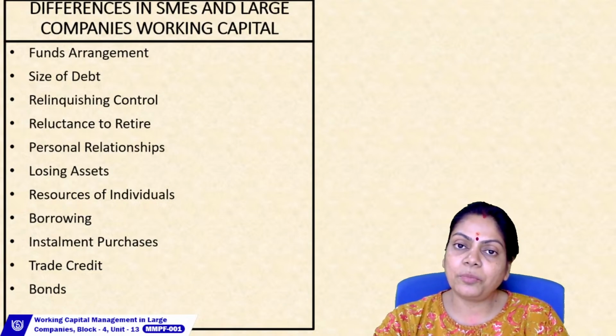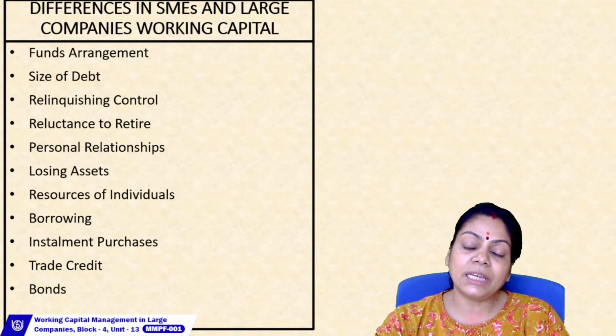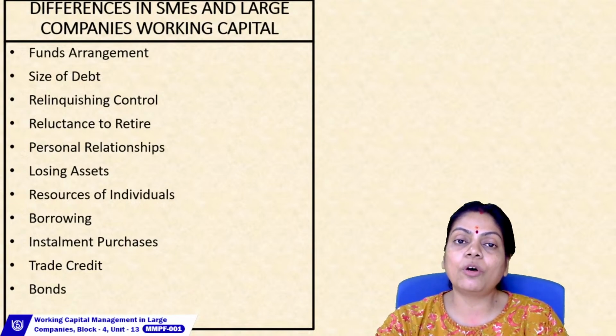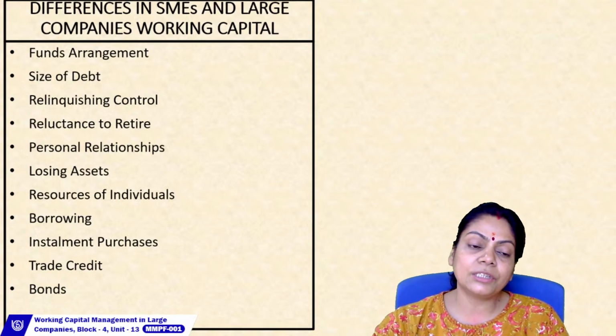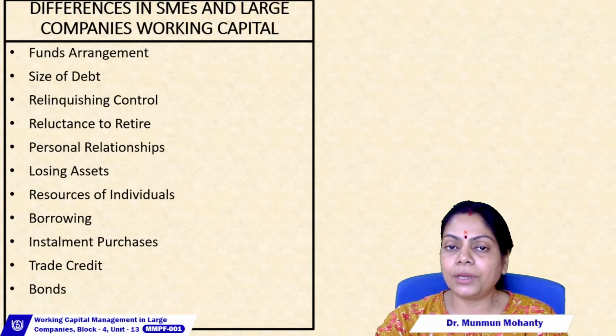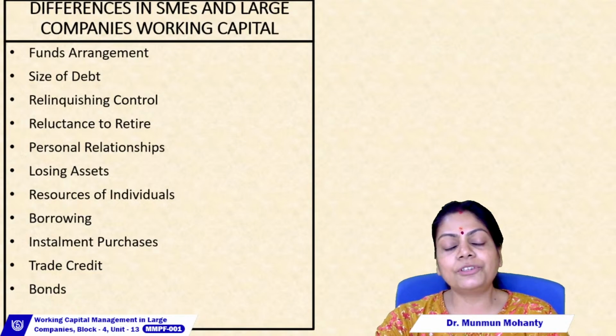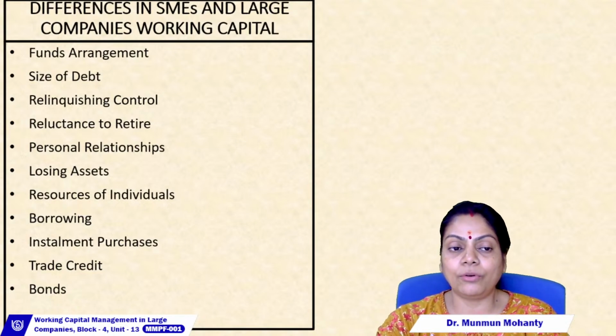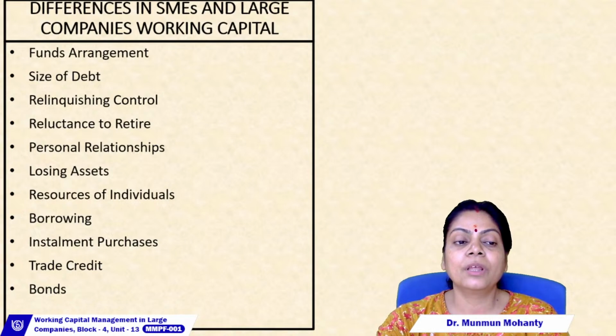You first look for your personal relationships, where from you can get the funds. This is not the case in case of a big corporation, because in a big corporation you'll always be professional, and you will tap into an official place for getting the funds.